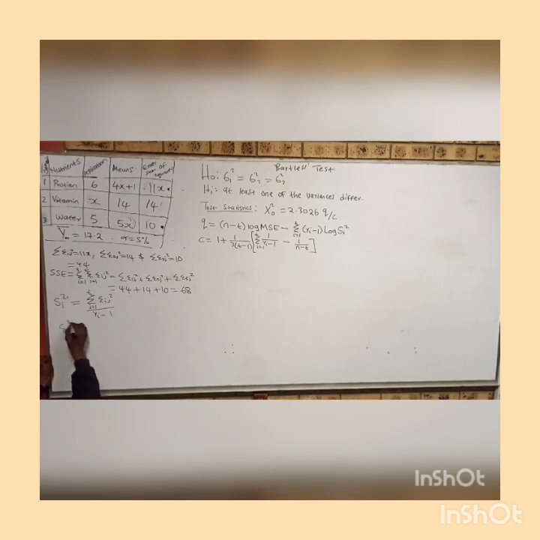So S1 squared is given by the first value, which is 44, divided by the number of replications minus 1, which is 5, so this is 8.8. Then for S2 squared, we do the same thing: it's 14, divided by 3, since we have 4 replications for S2.